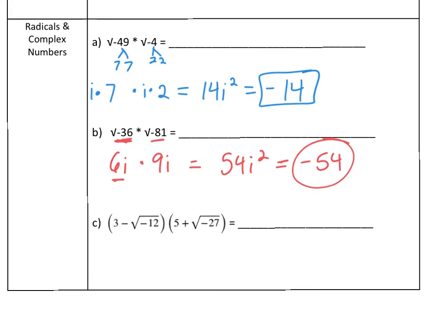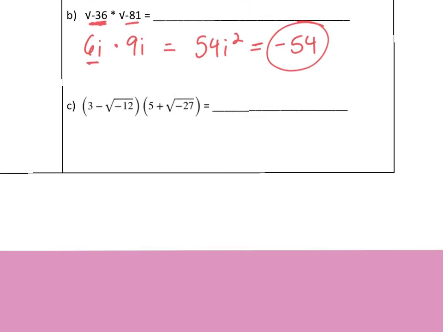Okay, let's keep going. If I see one like this, don't say, oh my gosh. It's not scary. Don't multiply it like it is. Don't try to even mess with that. Simplify these radicals, put them into imaginary numbers, because then it's going to be a whole lot easier.